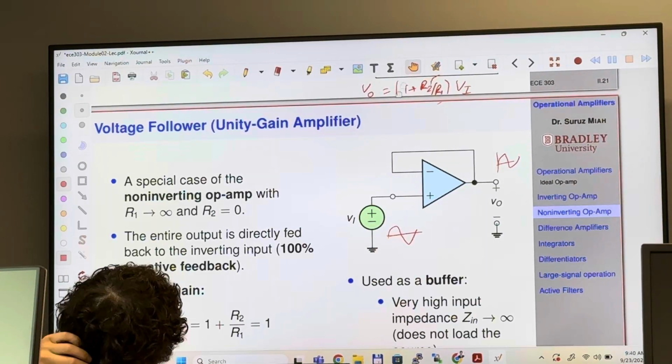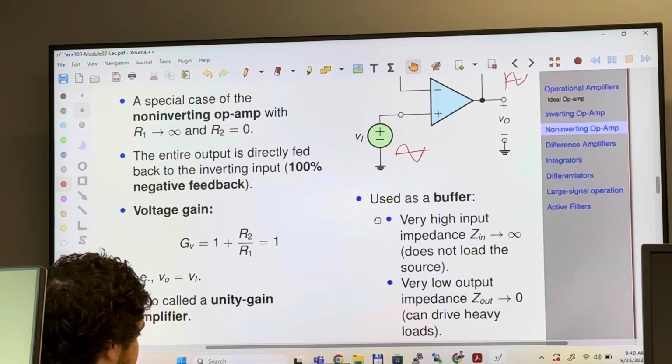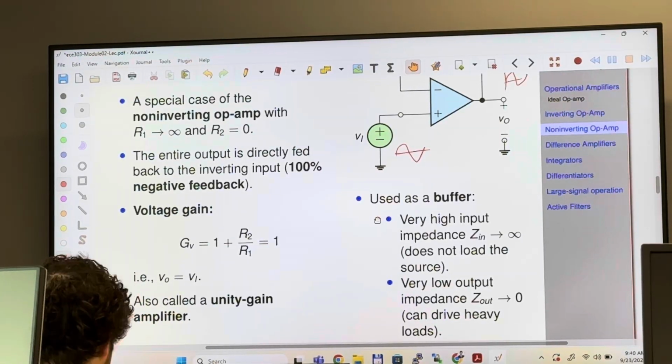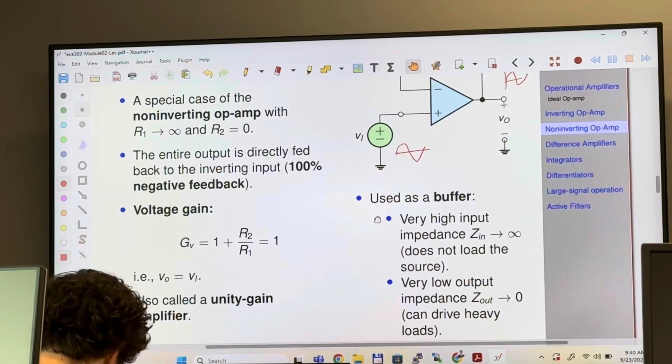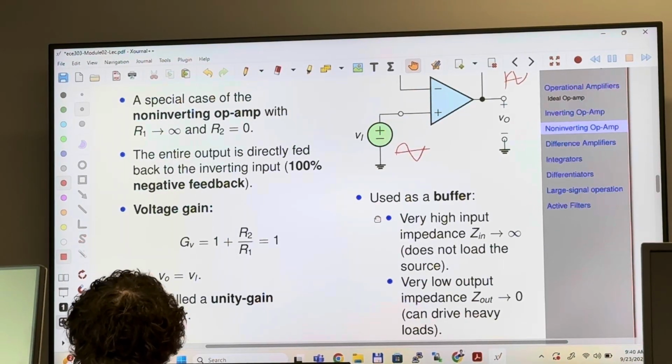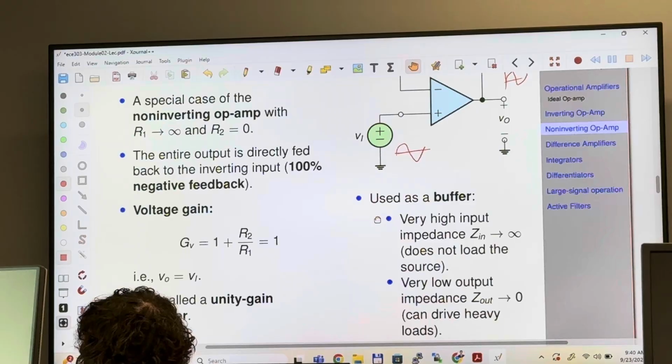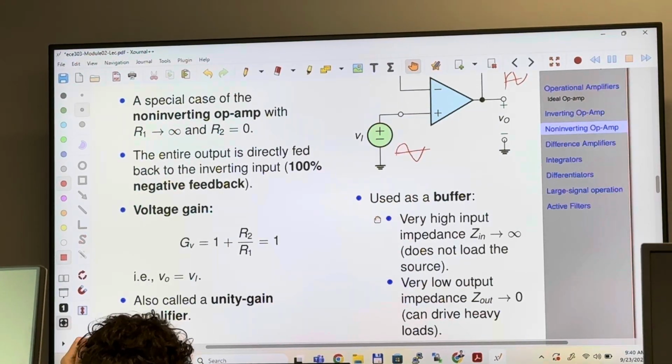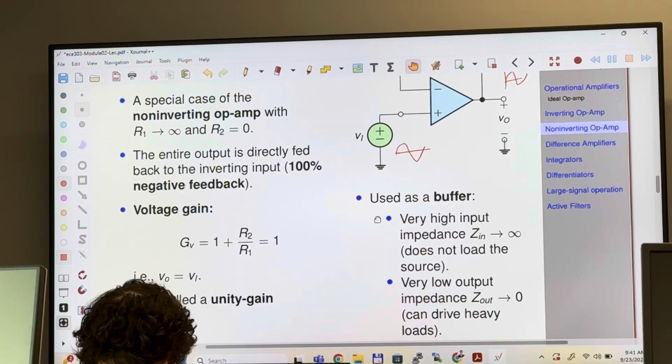And why do we need a voltage follower? One application is that I use this voltage follower to test my operational amplifier IC. Each IC has 2 operational amplifiers, right? The IC that you have used, guys, each IC has 2 operational amplifiers.